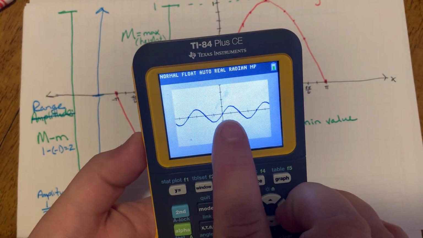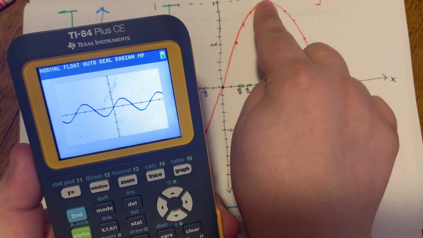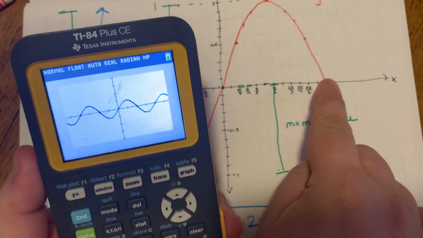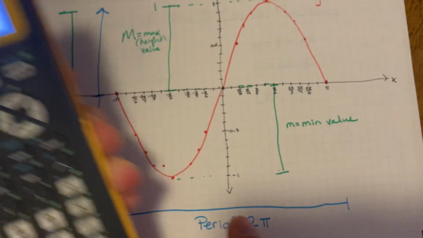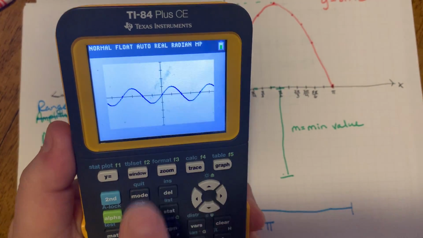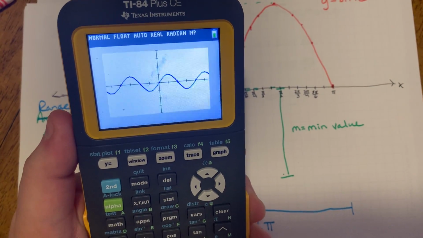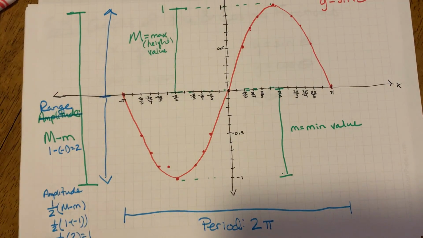Each of these tick marks is a pi over 2. So that first one's pi over 2, we're up at 1. And then at pi, we're at 0. And continuing along, 3 pi over 2, we're at negative 1, which we knew from here. And at 2 pi, we're back at 0. And so this gives us our nice, neat graph on our graphing calculator.